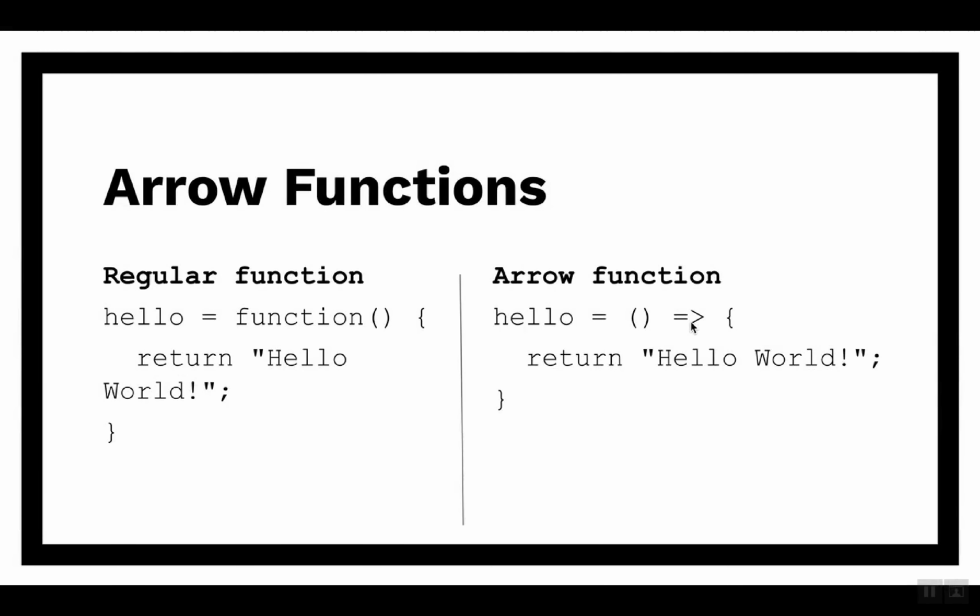Oh, my mistake. And which makes our code much more concise, and they simplify the function scoping. Okay, so this is your regular function, and this is an arrow function. The good thing about this is we have to write much less code, and it allows us to achieve developer productivity.